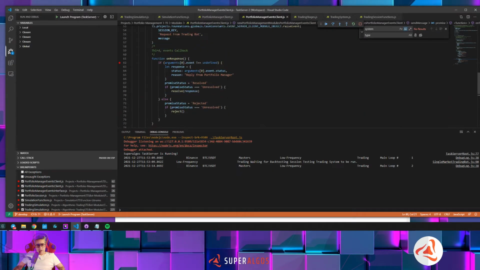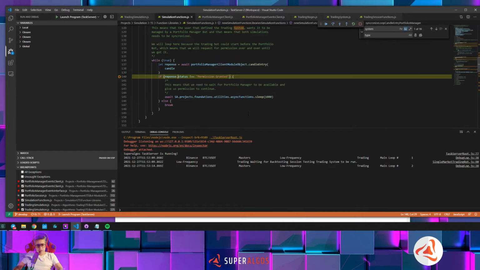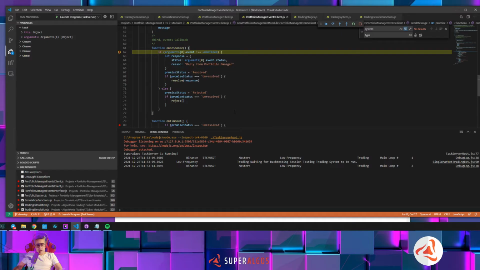Now we are here and we have both the timeout and this response. So let's see how this plays out, because the timeout is going to come here. Permission granted, no. And then we get the response.